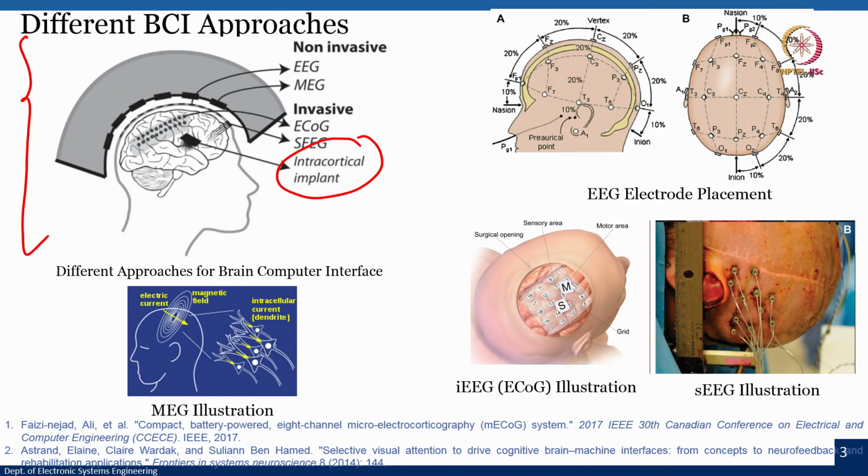You put that implant inside the brain forever. Different approaches. So, in this kind of activity, you can have either non-invasive or invasive methods. This again is the same thing, the 10-20 system, the way the electrodes are placed on the head.